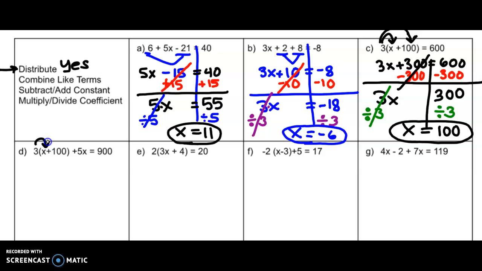So I'm going to distribute the 3x. It's going to go there. 3 multiplied to positive 100 is going to be a positive 300. Then I have 5x. Make sure you do not distribute the 3 to the 5x because the 5x is not inside the parentheses.